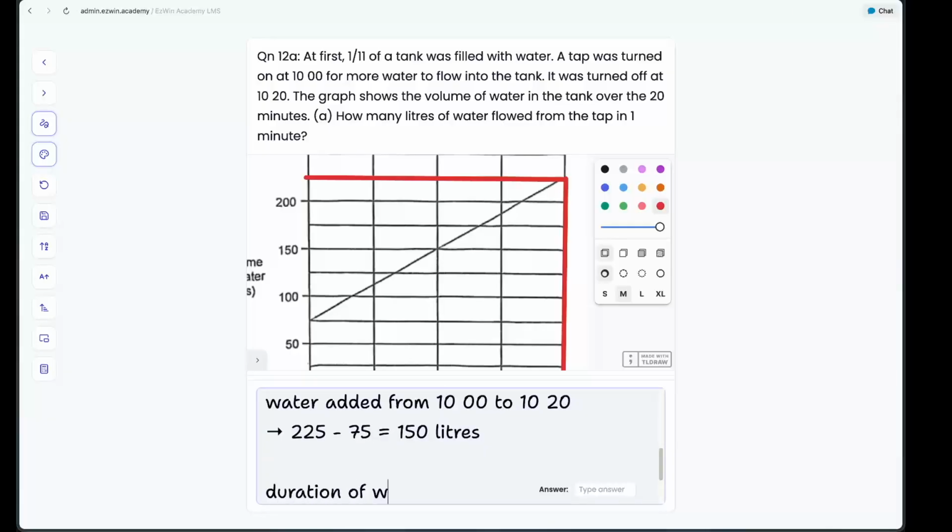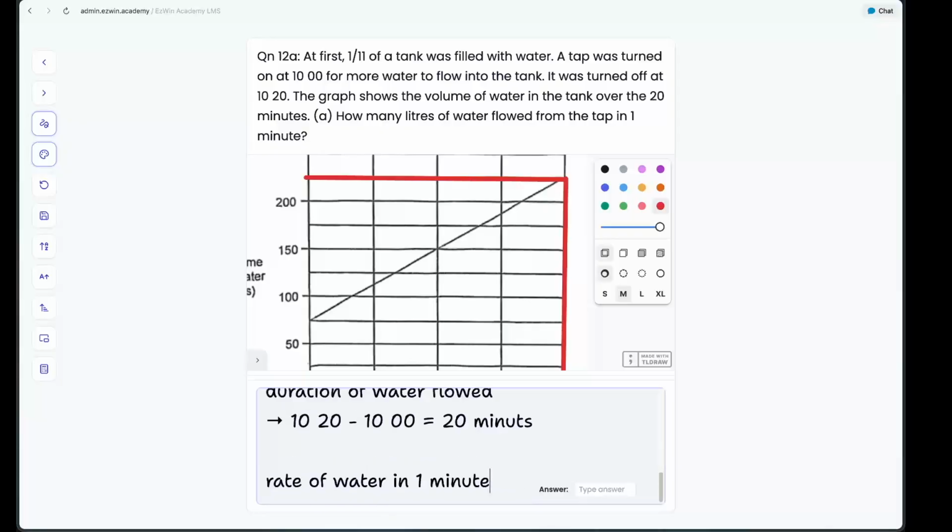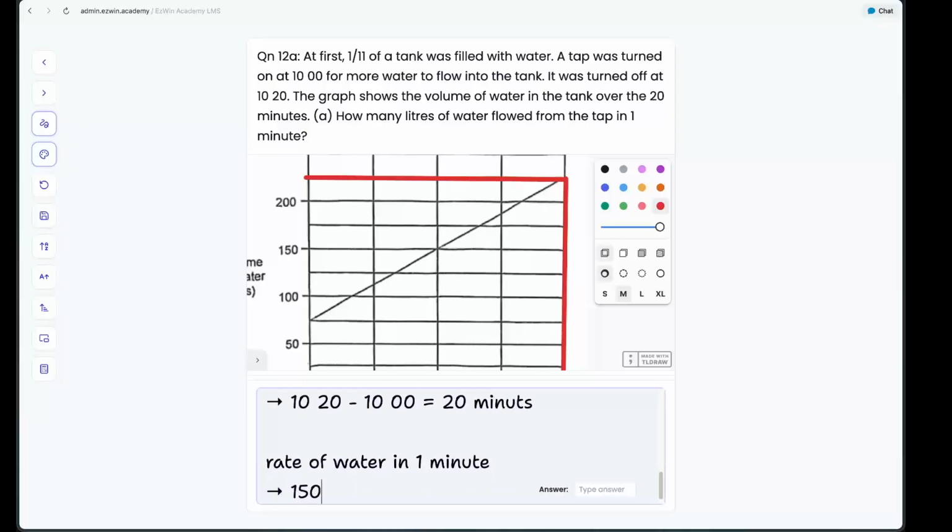Duration of water flow is equal to 10:20 minus 10:00, which gives us 20 minutes. So rate of water in 1 minute is basically 150 divided by 20, and this will give us 7.5 liters per minute. So the answer is 7.5 liters.